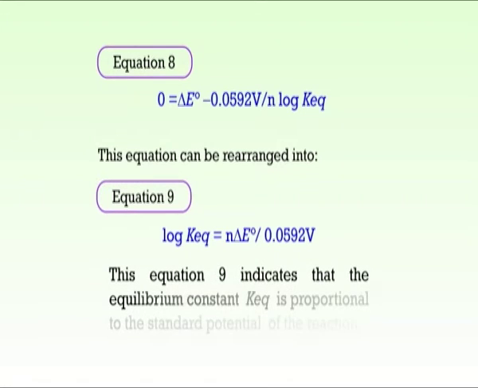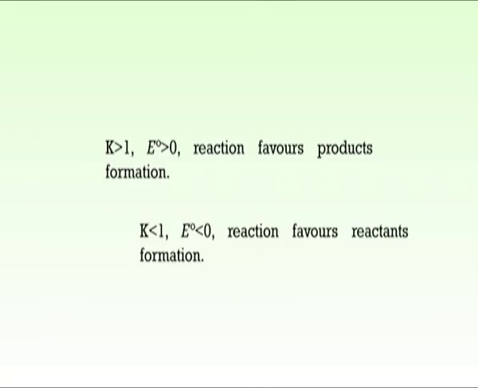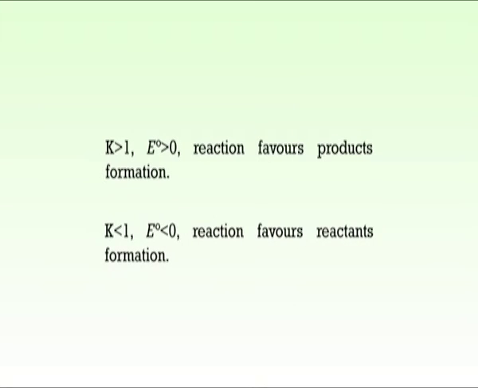So this equation indicates that the equilibrium constant Keq is related to the standard potential of the reaction. Specifically, when K is greater than 1 and E naught is greater than 0, the reaction favors product formation. And when K is less than 1 and E naught is also less than 0, the reaction favors reactant formation. So that's how we derive the Nernst equation.